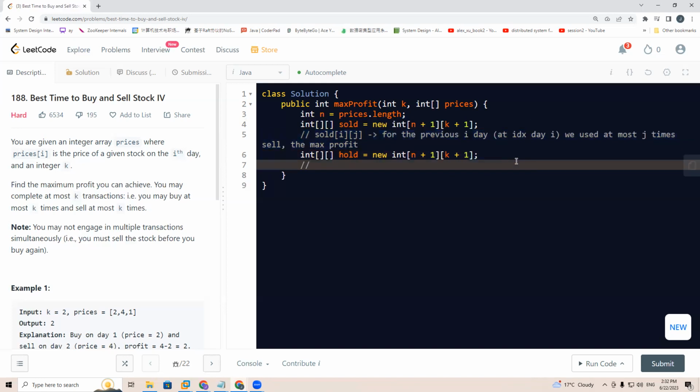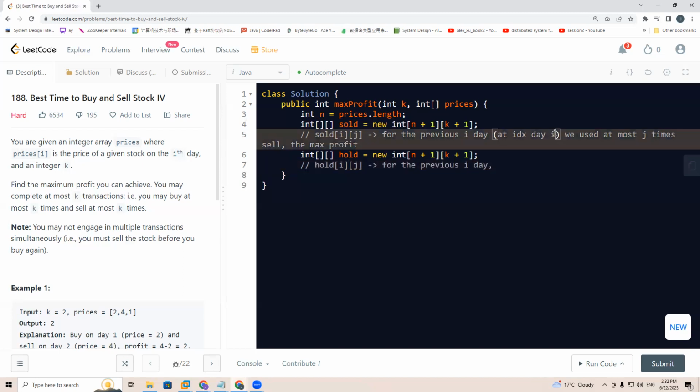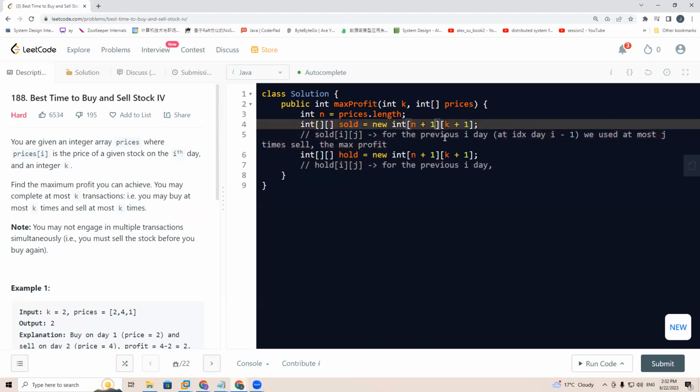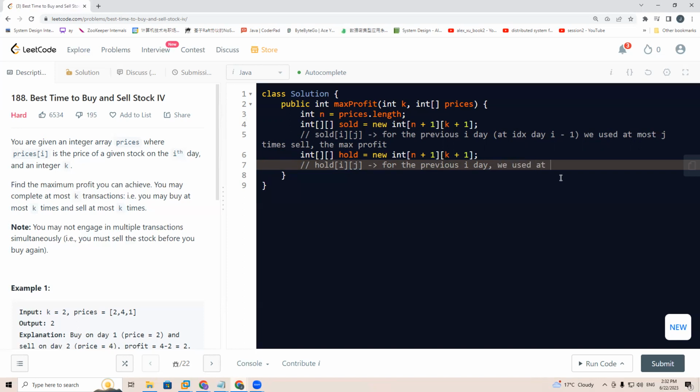And hold[i][j] means for the previous i days, the same as index day i minus 1, sorry, because we have an actual length, we used at most j times, the max profit.